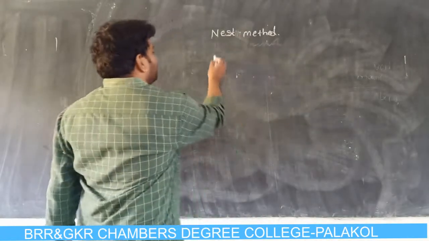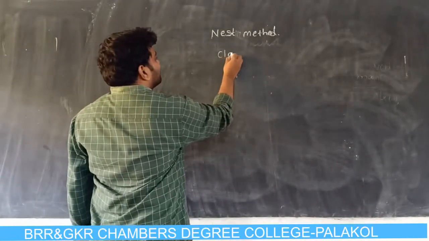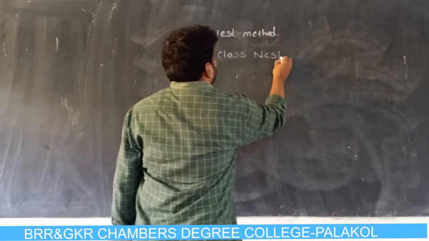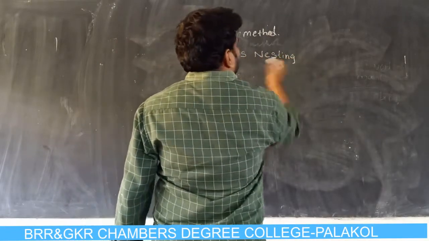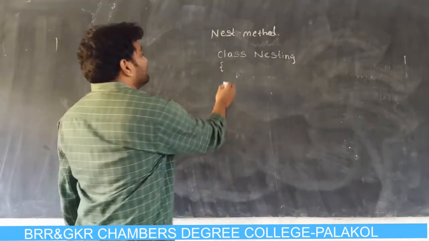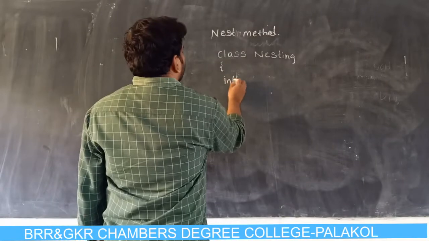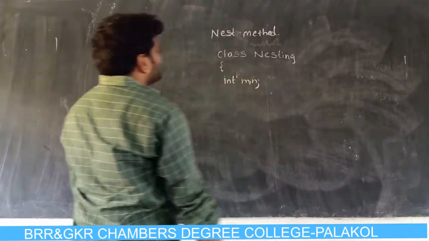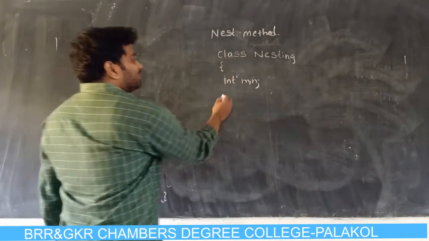Suppose the class name is Nesting. The variable declaration int m comma n. Okay. Next, the constructor is created.